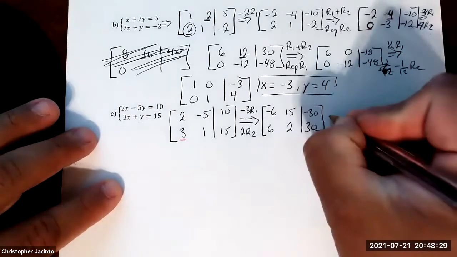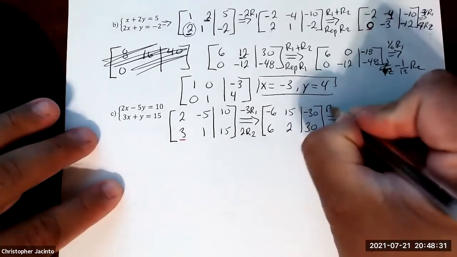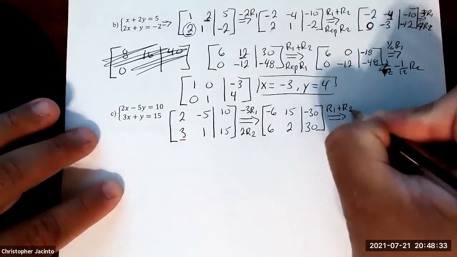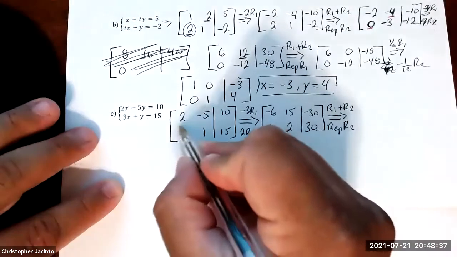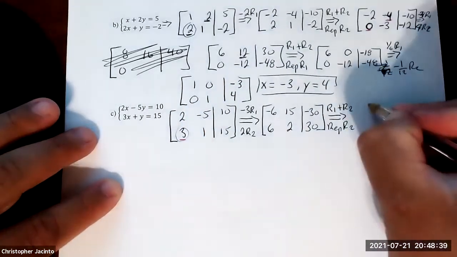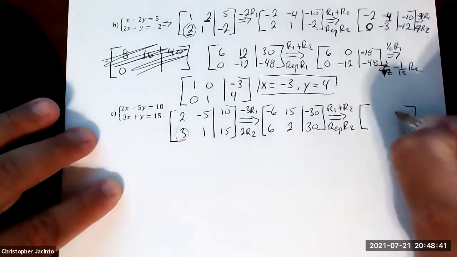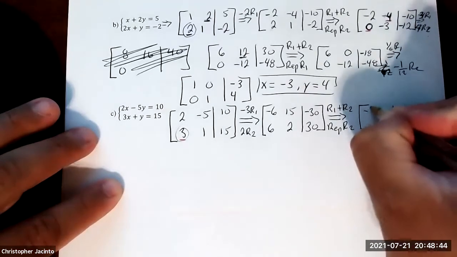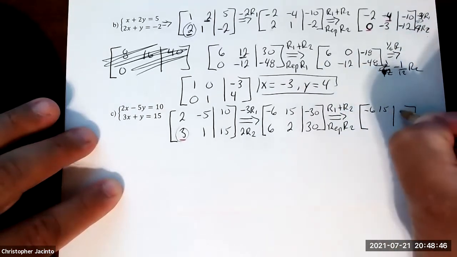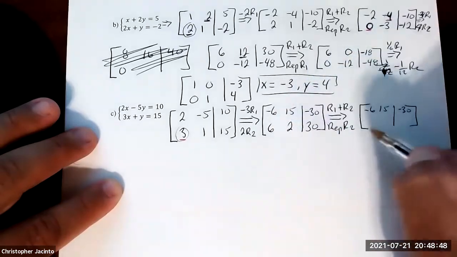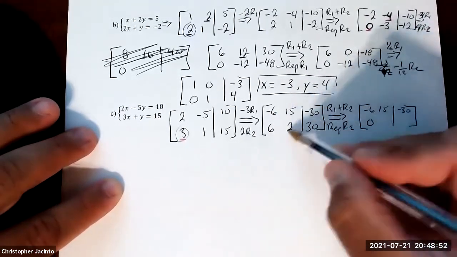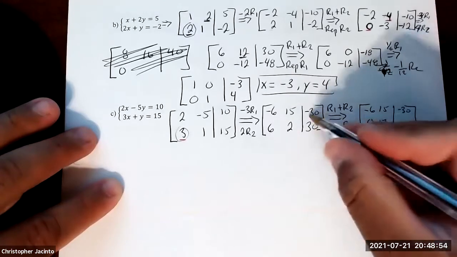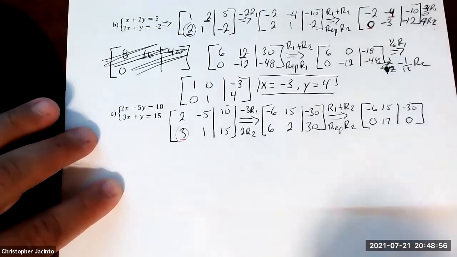All right, so now we're going to be adding both of them together, and I'm going to replace row 2, right? Because remember, I'm looking for, get rid of that one. So before I do anything, row 1 is going to stay the same. And then the result I'm going to put here. So that gives you 0, which is what I'm looking for. That gives you 17, and this gives you 0.